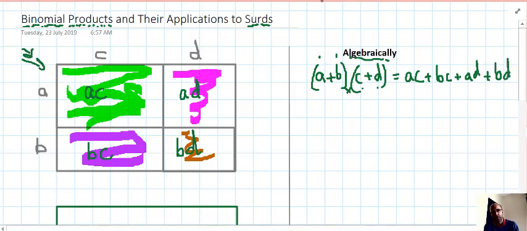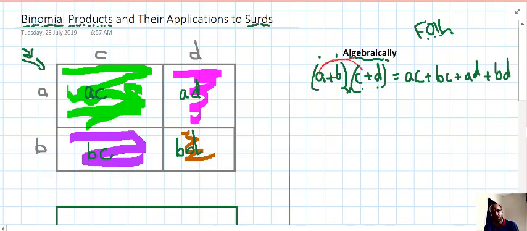Now there's another way of getting that, and some people like to call it by an acronym called FOIL. Oops, I forgot the I. First, outer, inner, last. First by first, first by second, second by first, second by second. It'll get us the same result. This is basically an extension of the distributive rule.